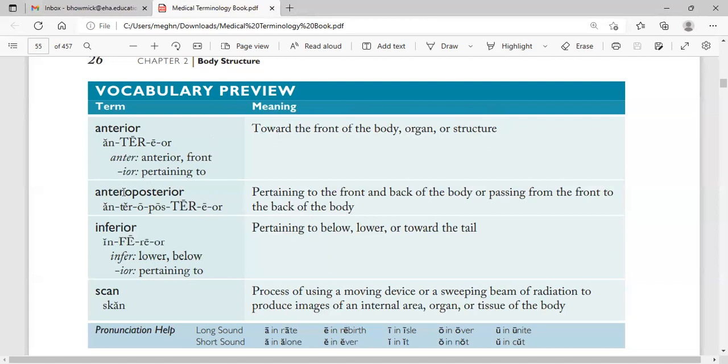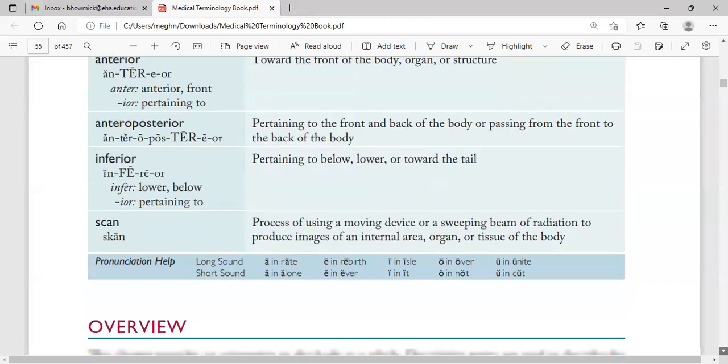Okay. Anteroposterior, pronunciation first, pertaining to the front and back of the body, and passing from the front to the back of the body. Inferior. Inferior means lower or below. So pertaining to below, lower, and towards the tail.